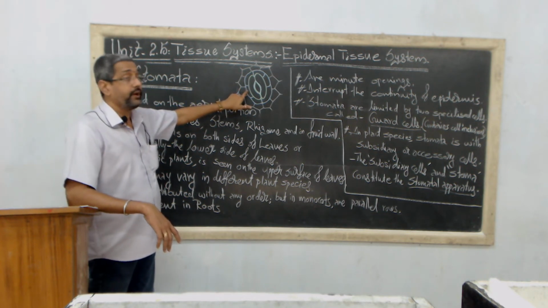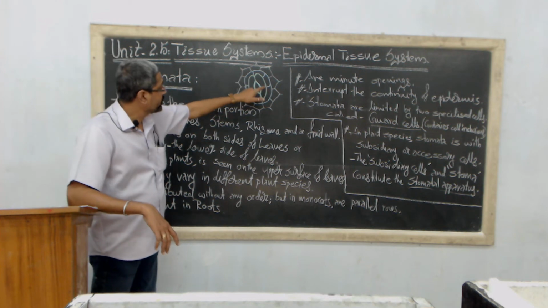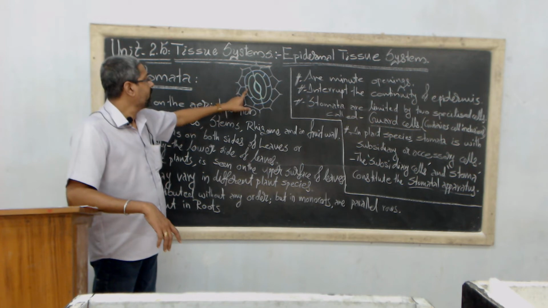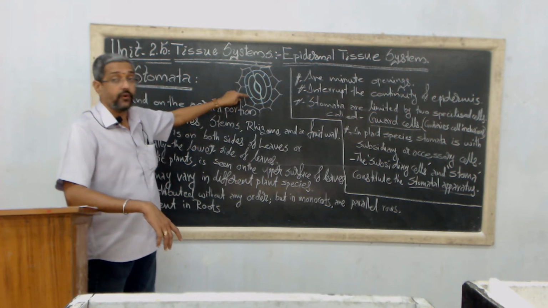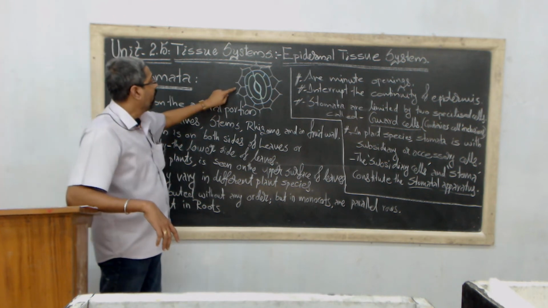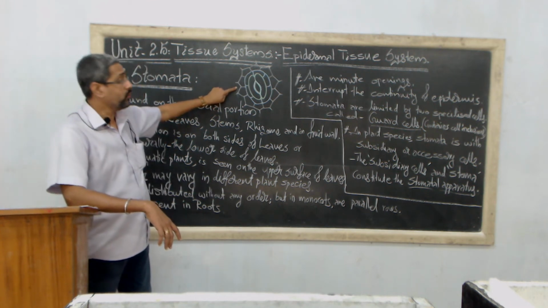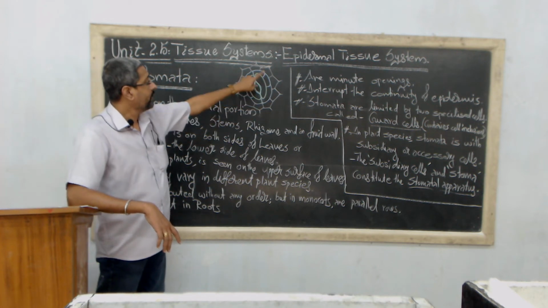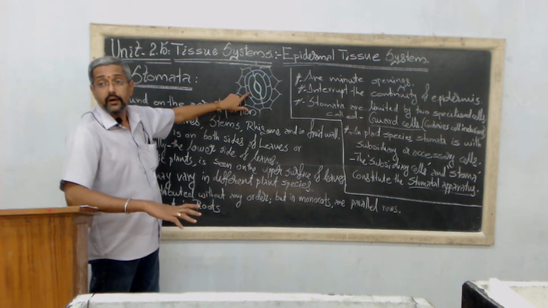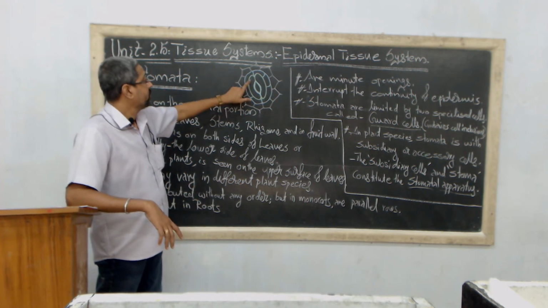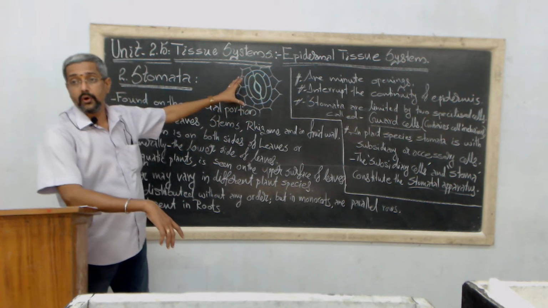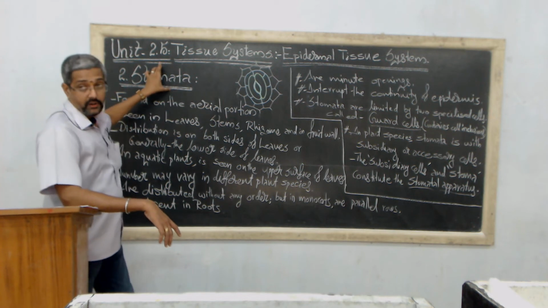The guard cells and the subsidiary cells together form the stomatal structure along with the epidermal layer of cells. The outer layer is the epidermal layer, which is interrupted by the formation of such subsidiary or guard cells, and the entire structure is called a stomata.